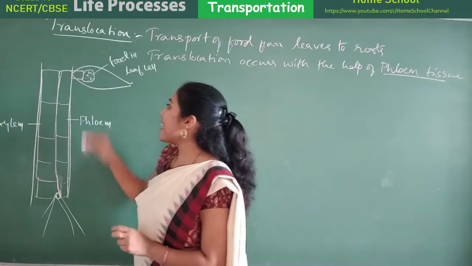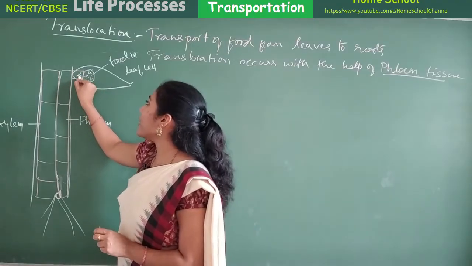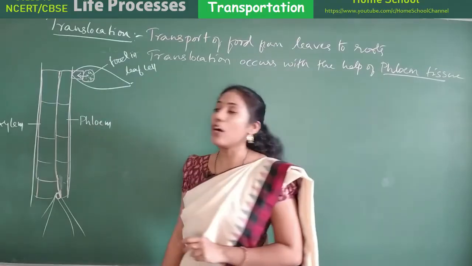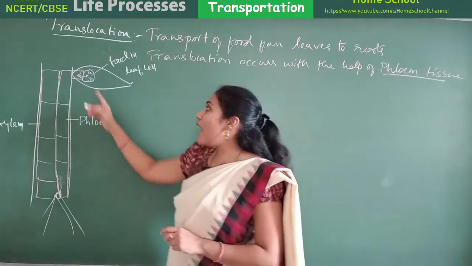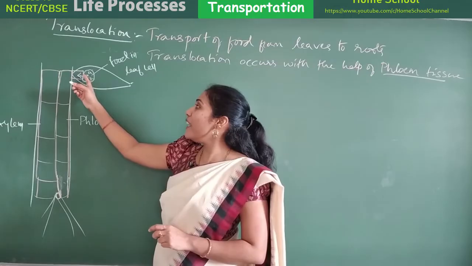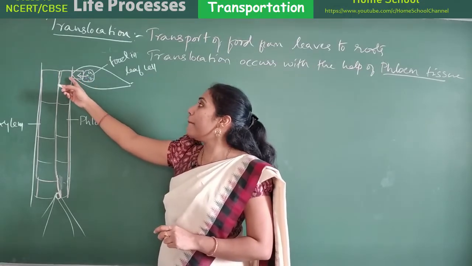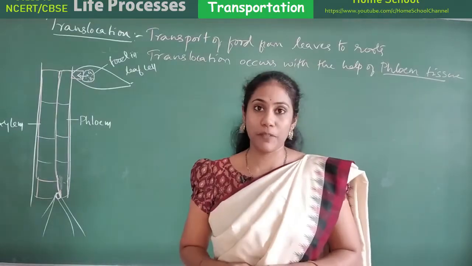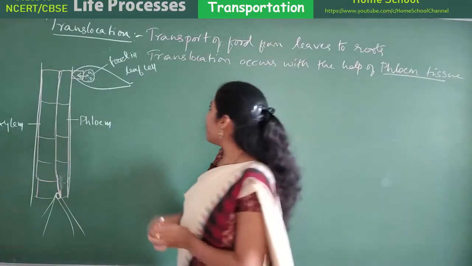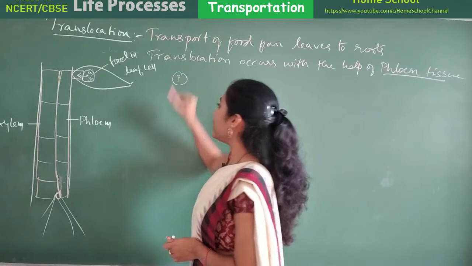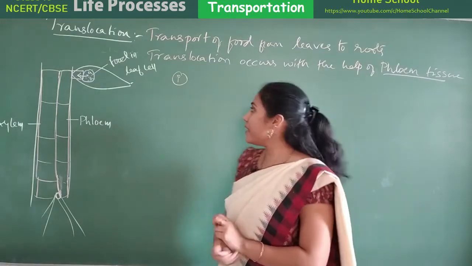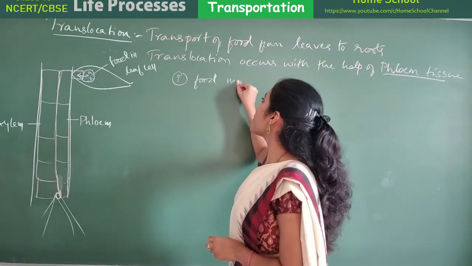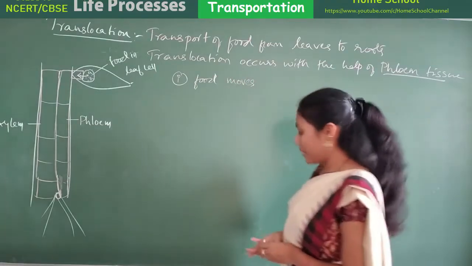And the food is actually moving from the cell of a leaf to the companion cell of a phloem. So how does the food move from leaf to companion cell of phloem? It is with the help of energy. So what is the first point that you have to remember?